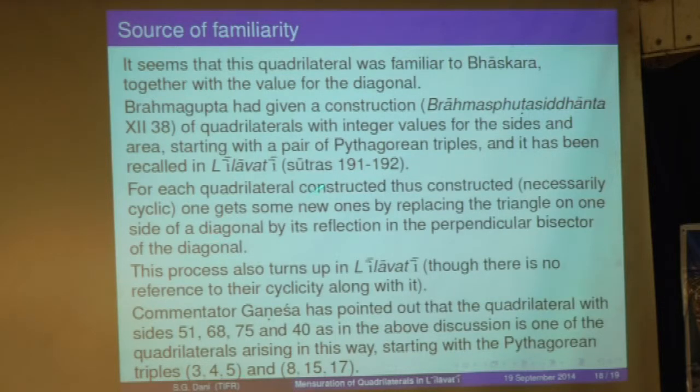The Brahmagupta construction as well as this modified construction do feature in the Lilavati. Though this particular example is not worked out in Lilavati, there are similar other things that are constructed. So it seems clear that he was aware of these specific values and chose accordingly.